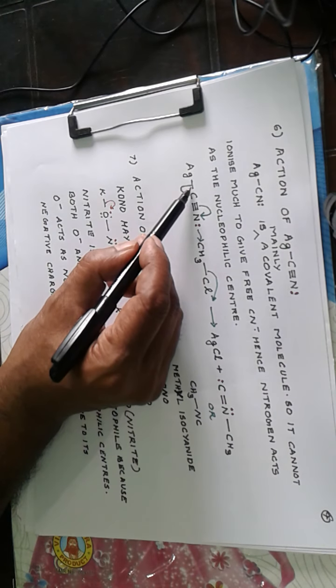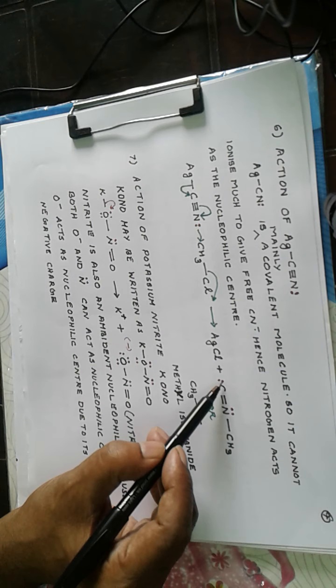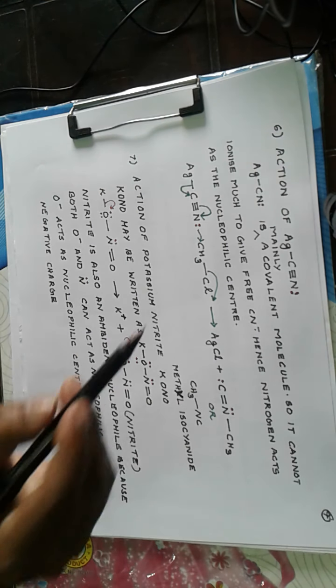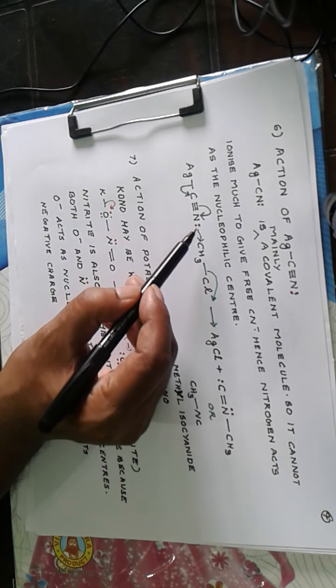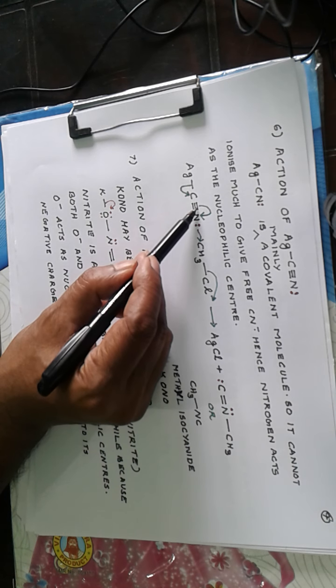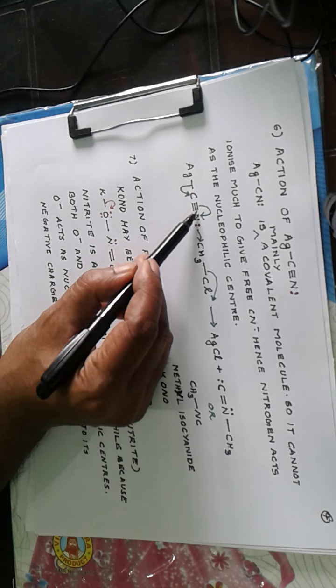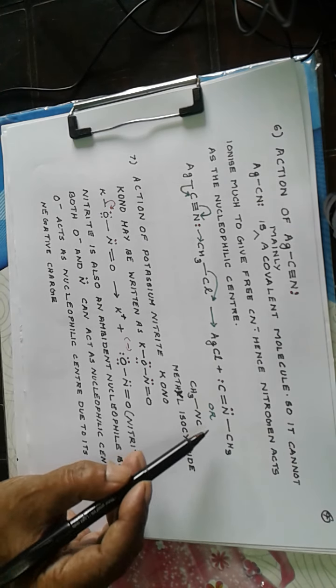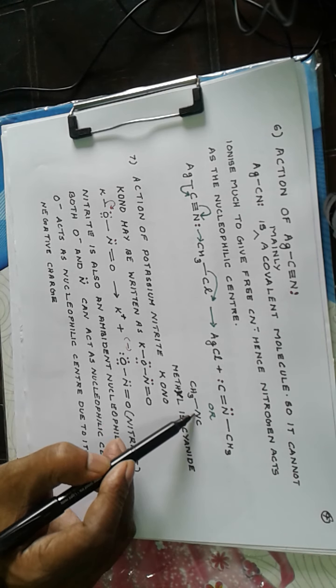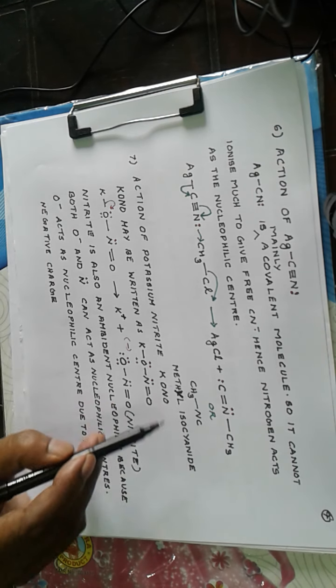So this pair of electrons becomes a lone pair over carbon, and nitrogen has a lone pair because this pair of electrons shifts into the orbital of nitrogen. So this bond pair becomes a lone pair over nitrogen. Then this is CH3NC, or methyl isocyanide.